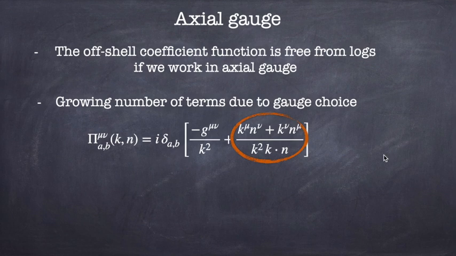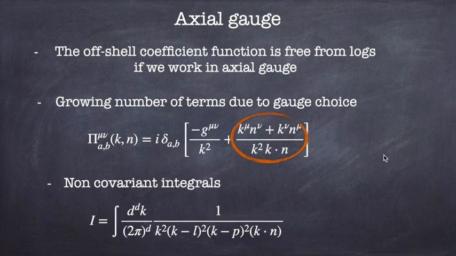But the most serious problem is the fact that working in axial gauge, one has to deal with non-covariant integrals of this form, where the fact that they are non-covariant is due to this denominator. This was quite a tricky point in our calculation, but after some time we have learned how to deal with integrals of this form.